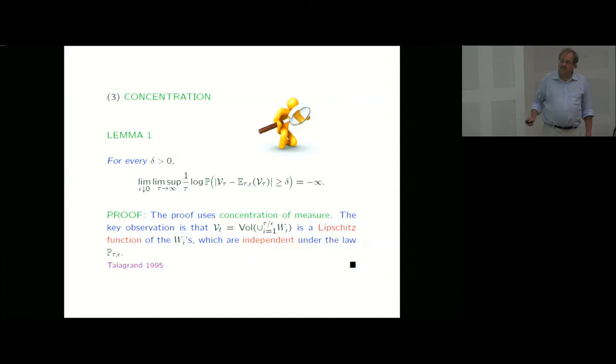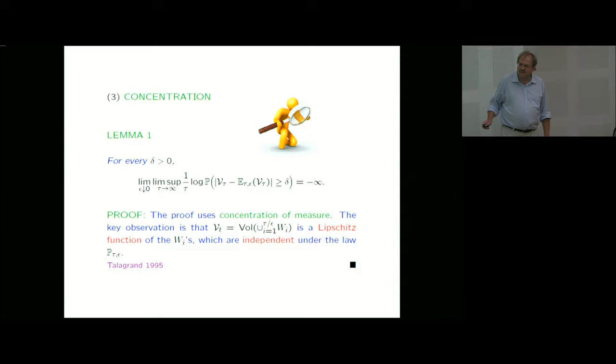So we can basically forget, because of this property, that the conditional expectation given the skeleton that we have computed would be any different from the full volume as a function of the full path. And this is basically a proof that uses a concentration of measure argument.